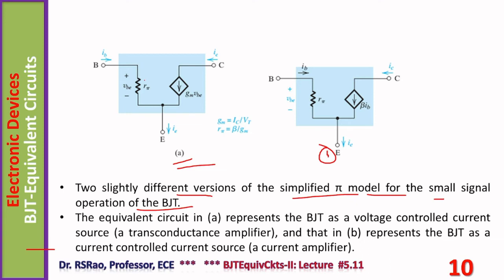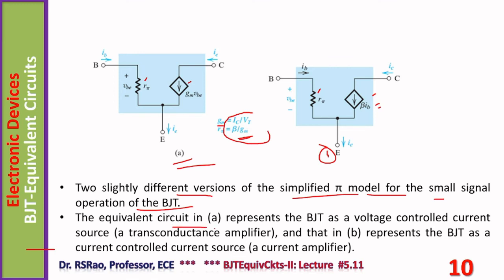In both, one resistor is there, one dependent current source is also there. In A, the dependent current source is GMVBE, whereas in B, it is beta IB. Beta carries its usual meaning. Of course, here GM is IC by VT, R pi is beta by GM. All these things we have already discussed.